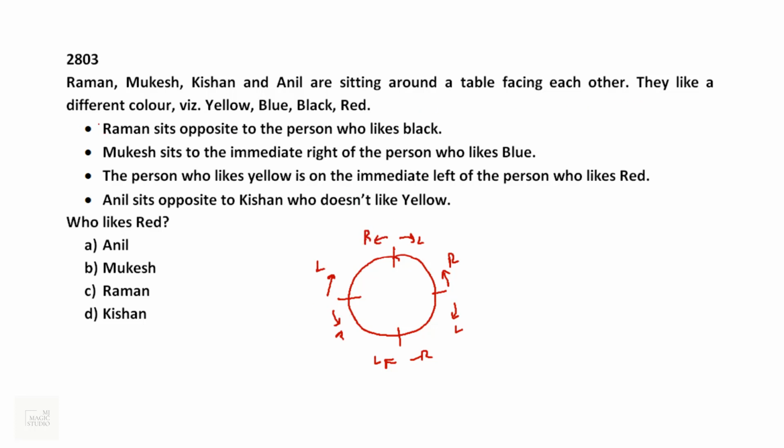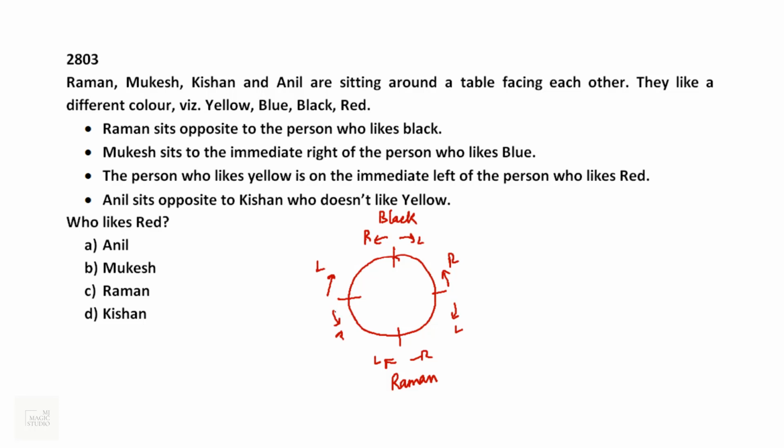They like different colors: yellow, blue, red and black. Raman sits opposite to a person who likes black. Suppose this is Raman. Then this person likes black. Mukesh sits to the immediate right of a person who likes blue.